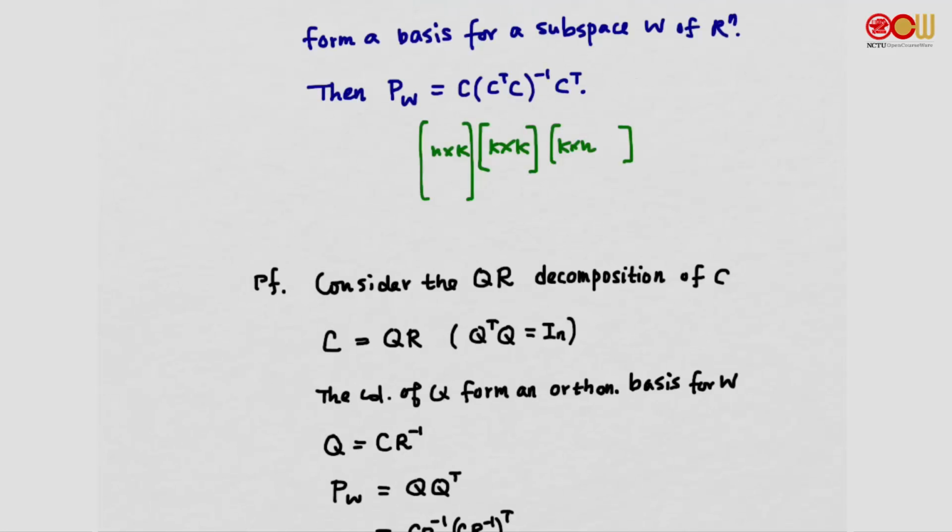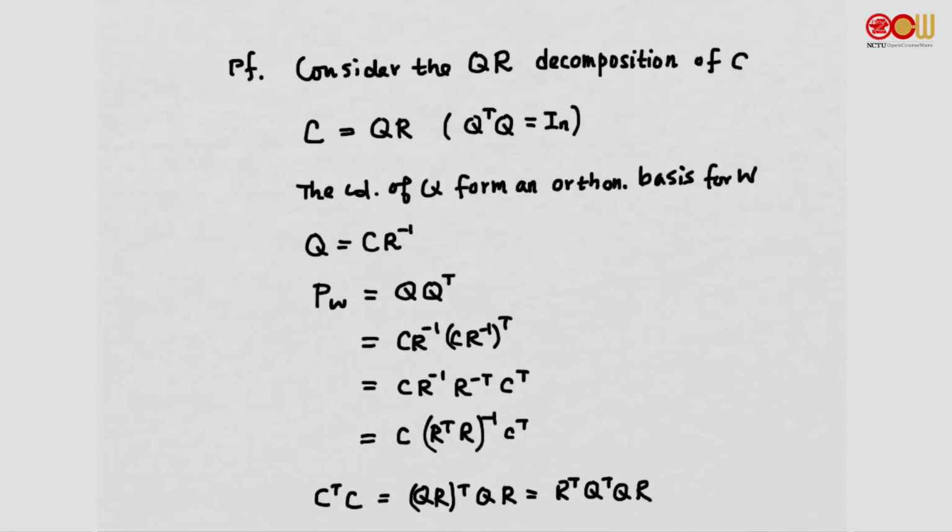In the theorem, we have C transpose C, so let's try to see how C transpose C is related to everything else. If we write down C transpose C, and C is equal to QR, then we would get R transpose, Q transpose Q, and then R. And we know what Q transpose Q is.